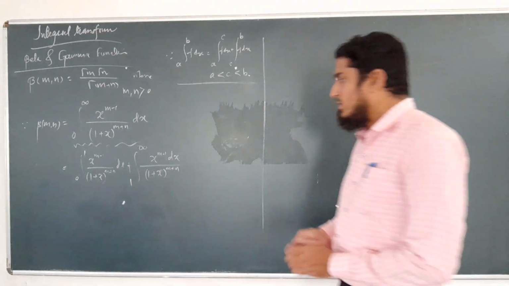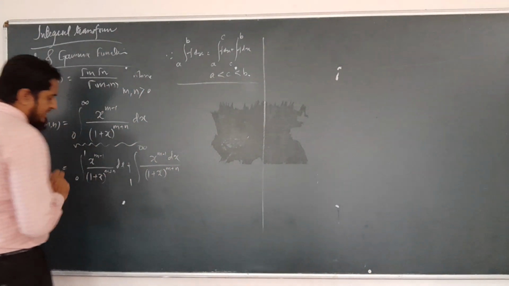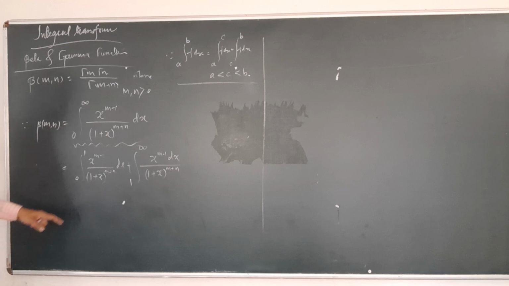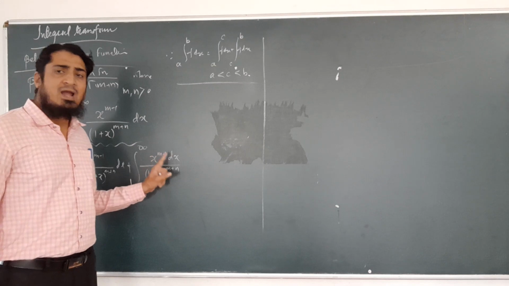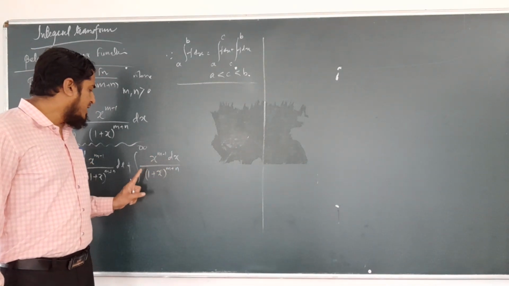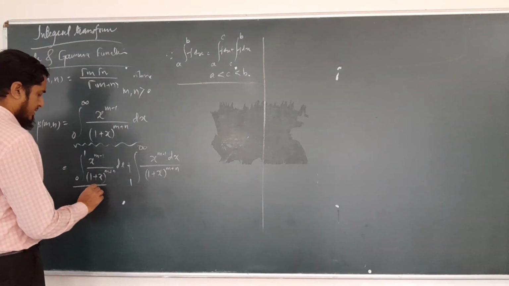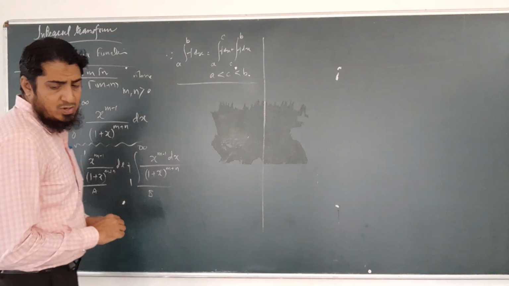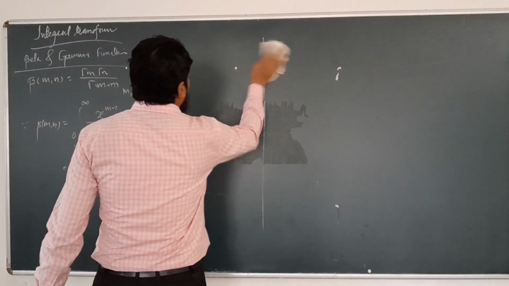Now we have integration from 0 to 1 x raised to m minus 1 upon 1 plus x raised to m plus n dx, plus integration from 1 to infinity x raised to m minus 1 dx upon 1 plus x raised to m plus n. This is our part A and this is our part B. Let us work on part B to simplify this equation.